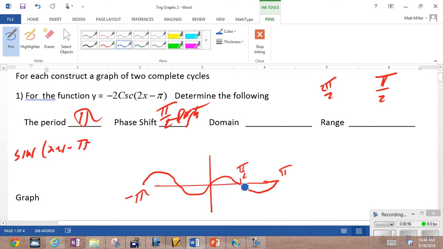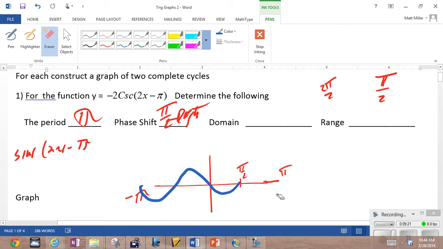So then I'm moving this point to here, and then I'll just get my graph going like that. Now I'm going to erase this one, and then come back and get this graph going. Here we go.